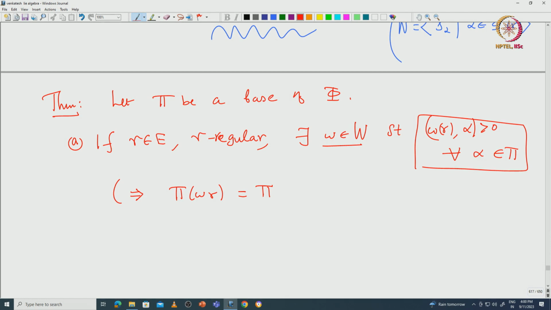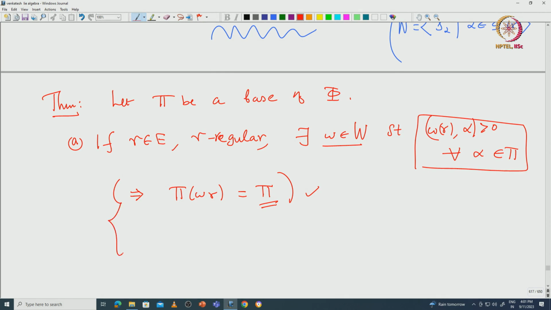But what is that gamma dash? That gamma dash is chosen such that the inner product of gamma dash with alpha must be positive for all alpha in pi. So from that you can conclude that pi of W gamma must be equal to this pi of gamma dash, which is pi.